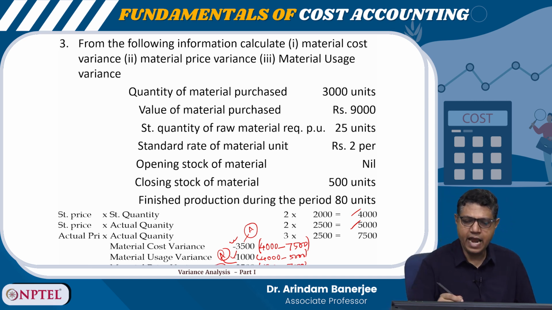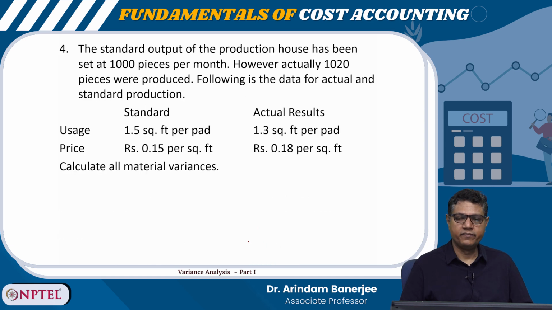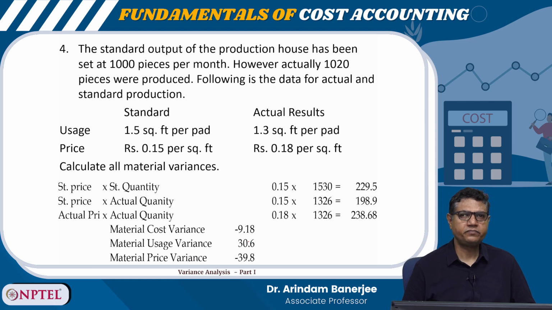So, if I add these two, you see it is 3500 minus and 3500 here. So, adding these two, I am getting this number. This is one you can try yourself, this problem. So, this is an exercise. Here you see the standard output of the production house has been set at 1000 pieces per month.